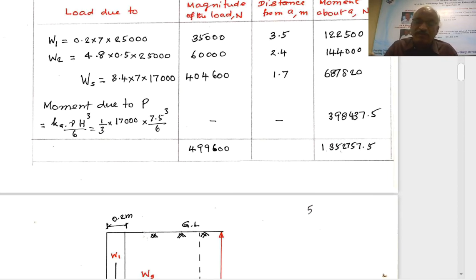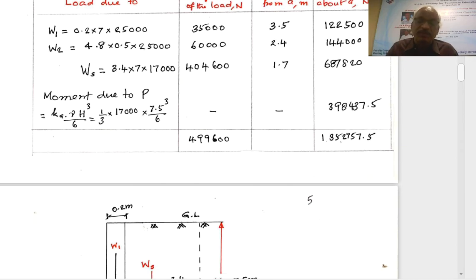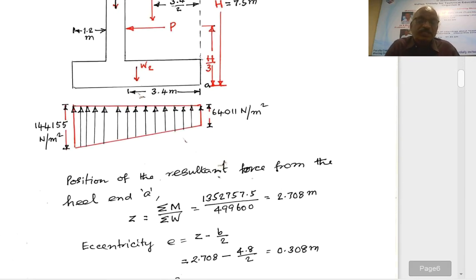So the moment divided by that force will give you Z, the position of the resultant force from the heel end A, equal to sigma M by sigma W. From the tabulation these values are available. The distance is 2.708 meters.